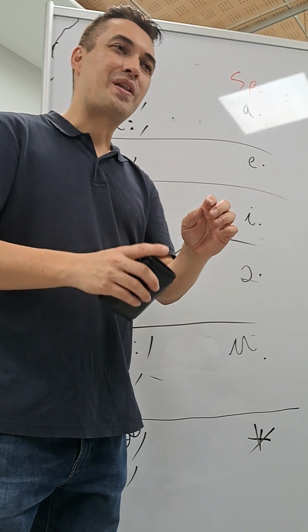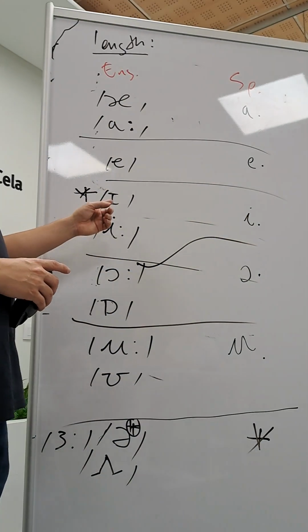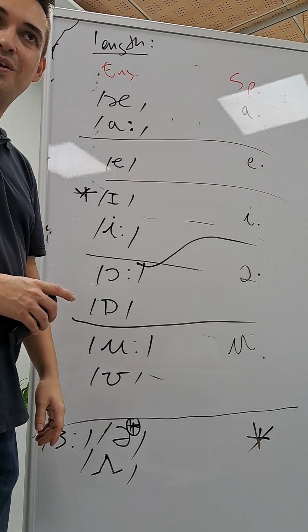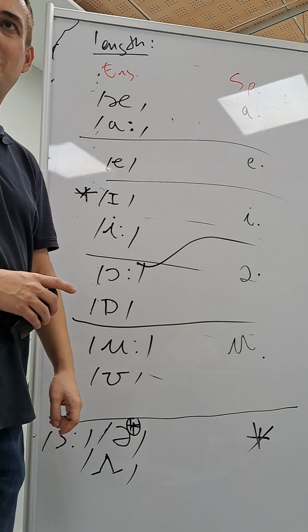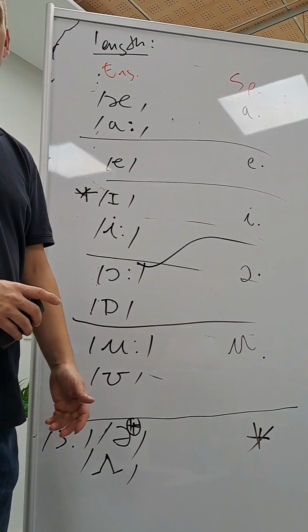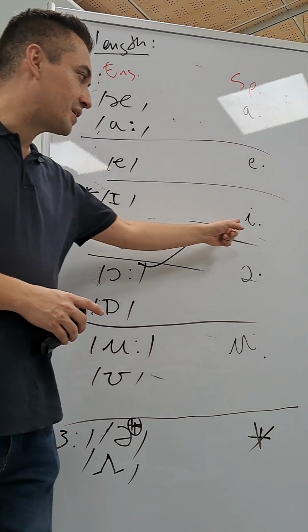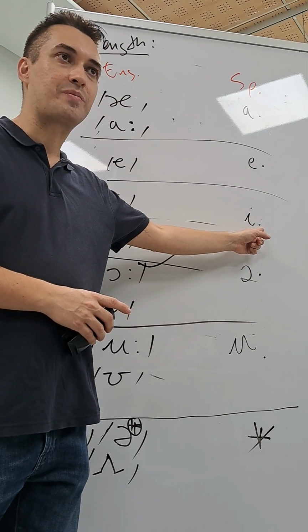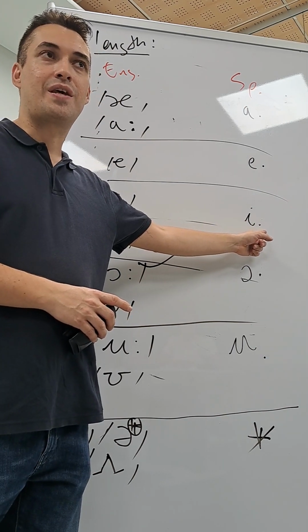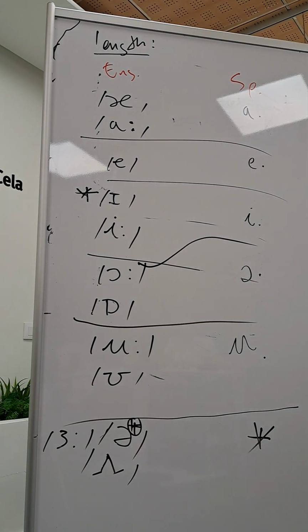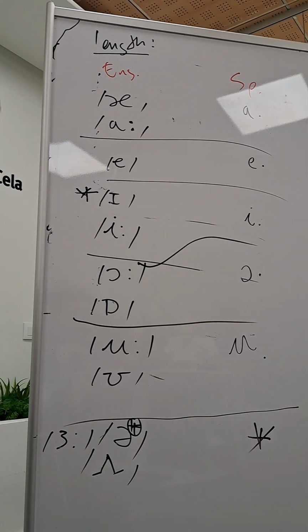In English, however, if you say ship or sheep, it changes the meaning of the word. One is a vessel, and the other is an animal. That's why these two are phonemes. In Spanish, the variations are just allophones because they don't change the meaning of words.